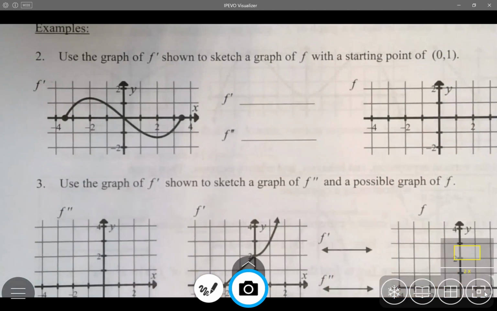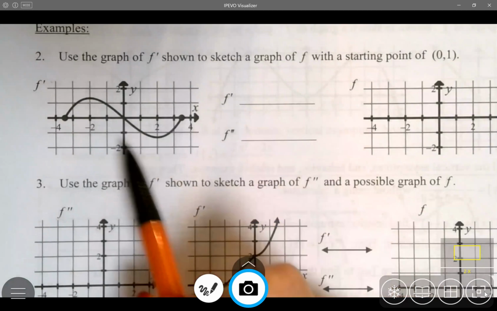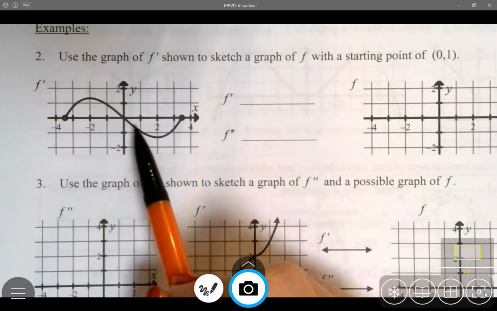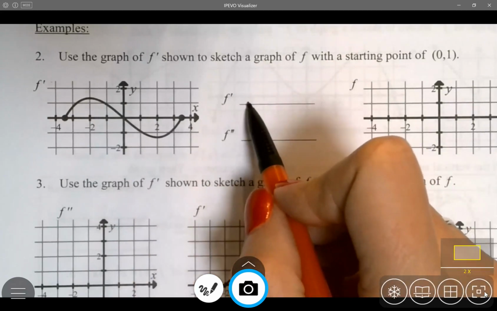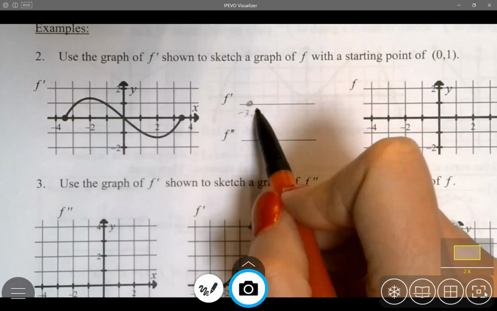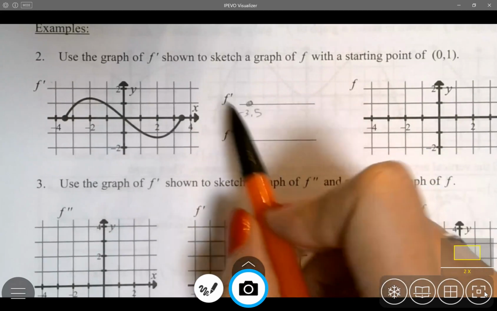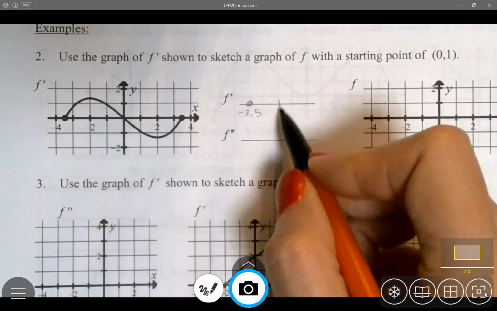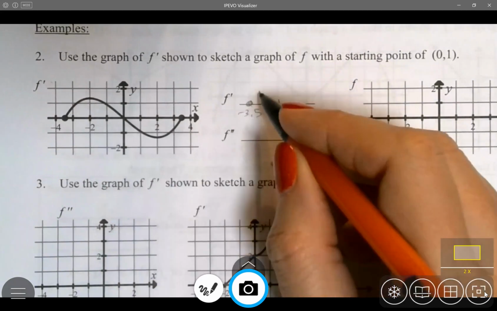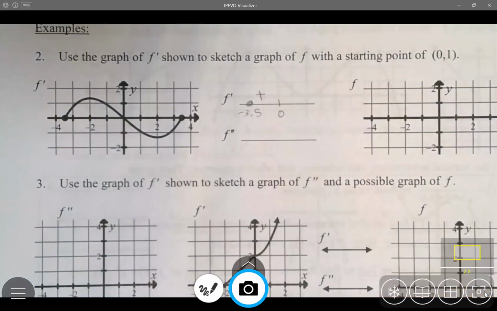Okay, so right here, for the f prime graph, I want to know where it's above and where it's below. So the graph starts at negative 3.5, and from negative 3.5 until 0, it's above the x-axis. So I would do a positive sign, okay?